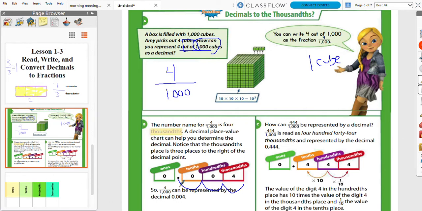This is telling me, though, that these numbers are getting smaller. The pieces are getting smaller. And let's talk about why. So in 4 thousandths, you have these 4 tiny little pieces out of the 1,000 total pieces that would give you the number 1. If you had 1,000 out of 1,000, you would have 1.